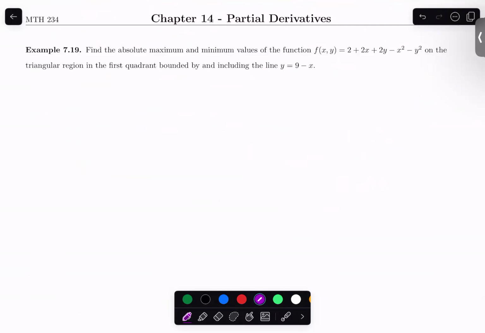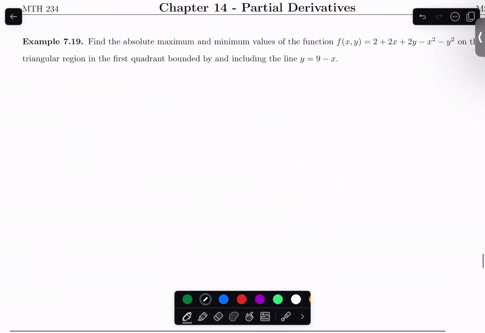Absolute min and max. Let's go ahead and draw out our region here. It's the triangular region in the first quadrant bounded by and including the line y equals 9 minus x.